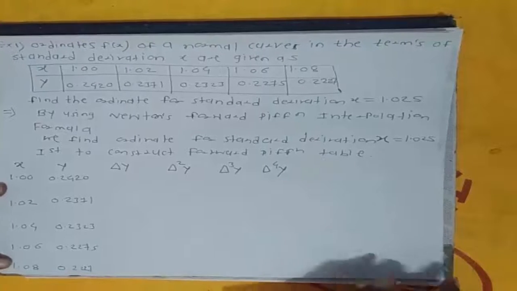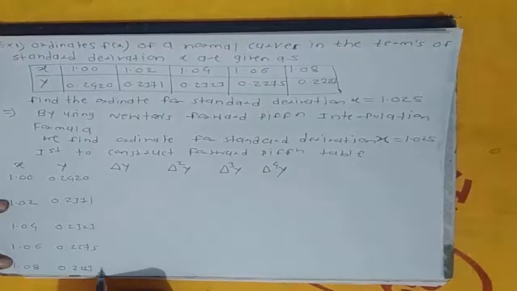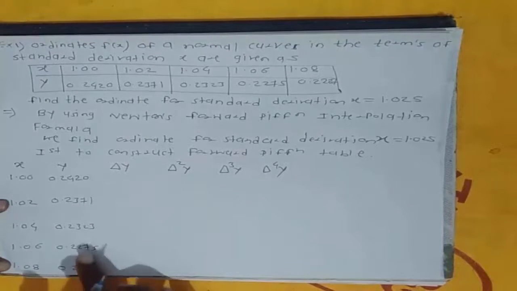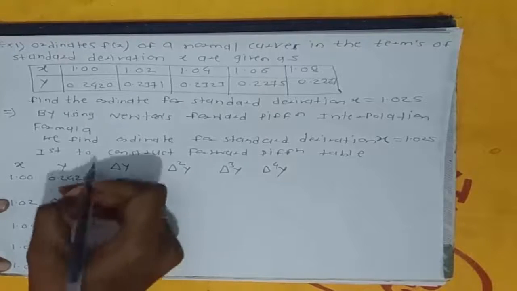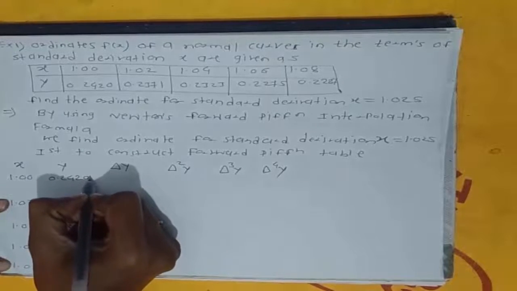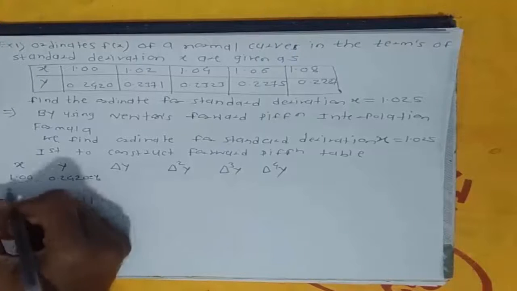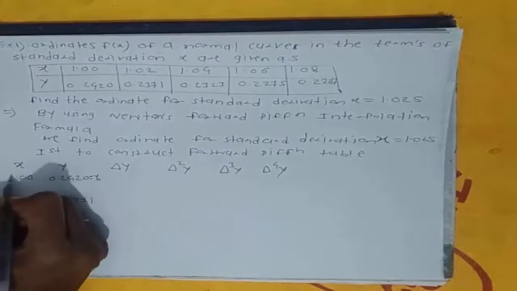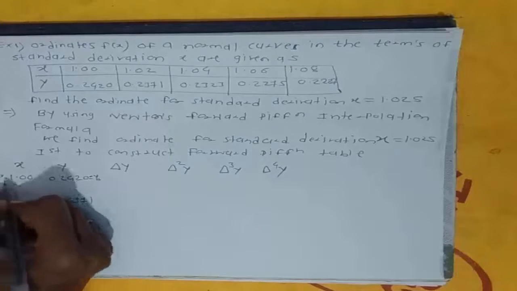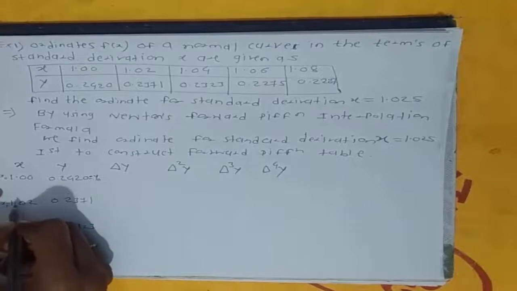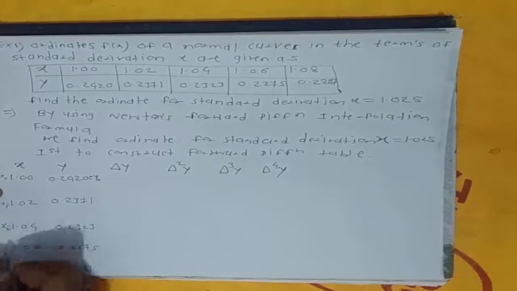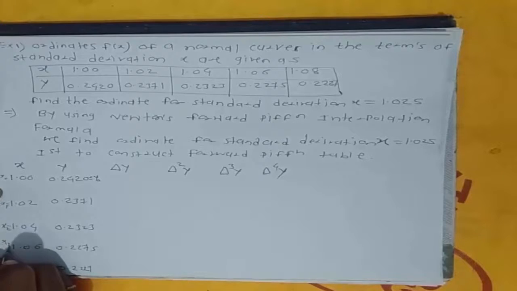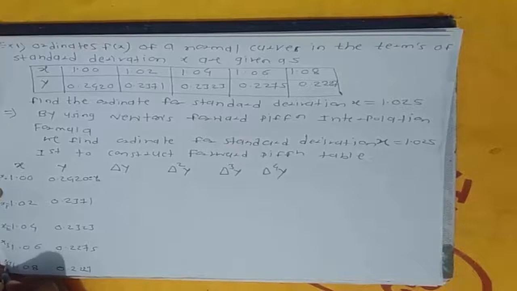Okay, so we start to complete this table from the bottom of the table. So we take subtraction of these values. First we name these values, suppose these are x0, x1, x2, x3 and x4.